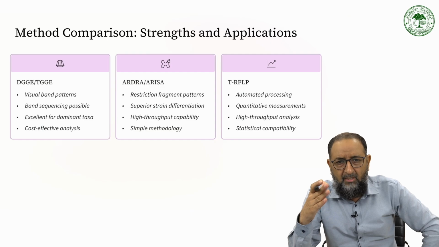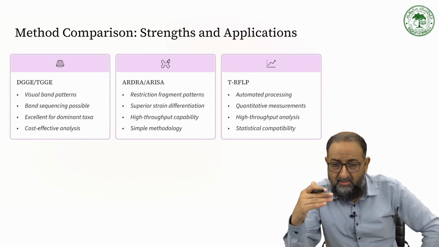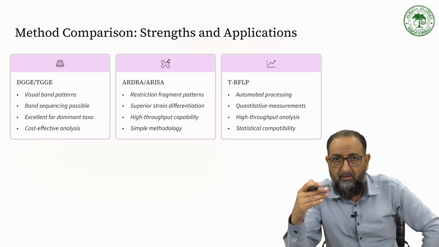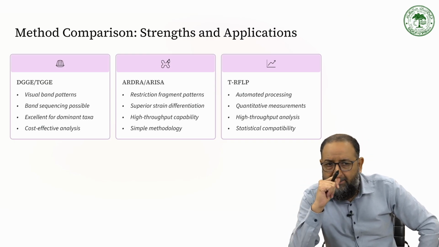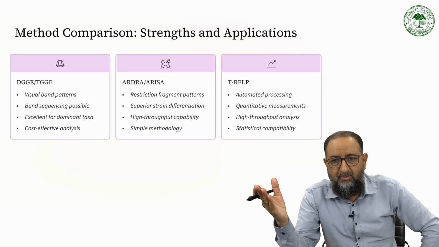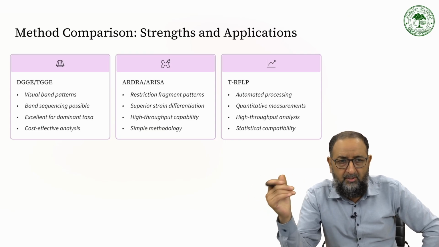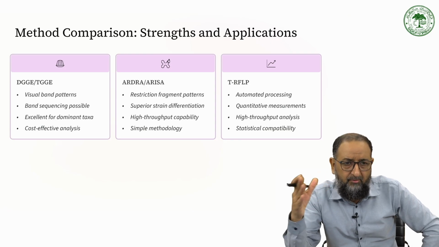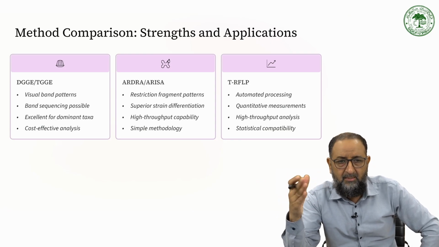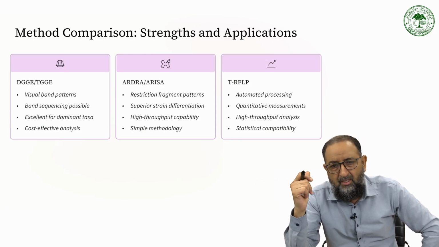In the case of ARDRA and ARISA, we have restriction fragment length patterns and variation of fragments from the enzymes used for the restriction digestion. Then in T-RFLP, automated processing takes place through a sequencer.